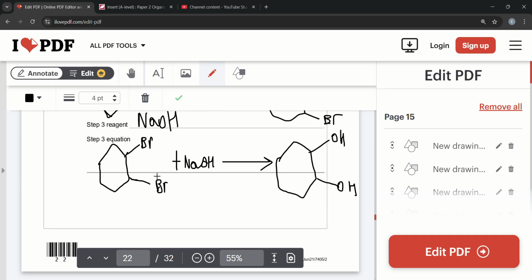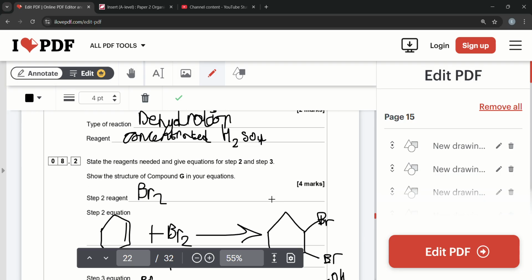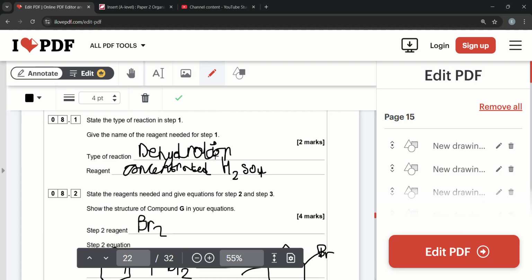And then what's remaining, well, first things first, we've got 2 OHs, so we need to have a 2 here, and then what's remaining is 2 Na, but we've also got 2 Brs as well, so 2 NaBr. So it's a bit complicated this, but you should get your head around it.